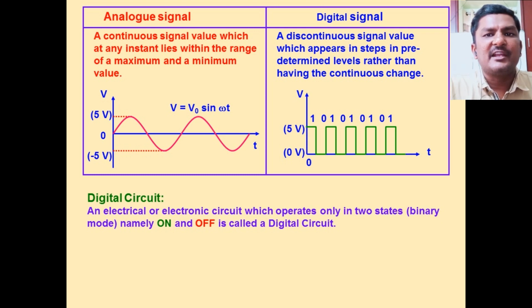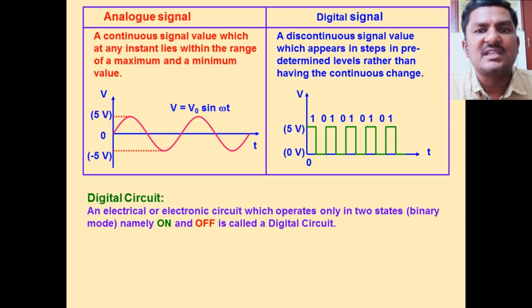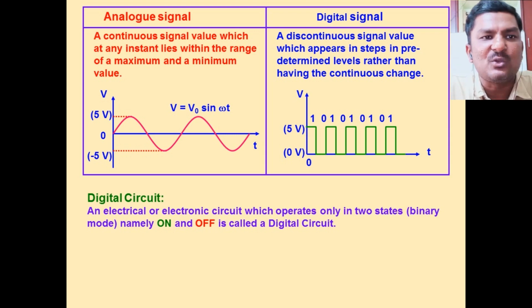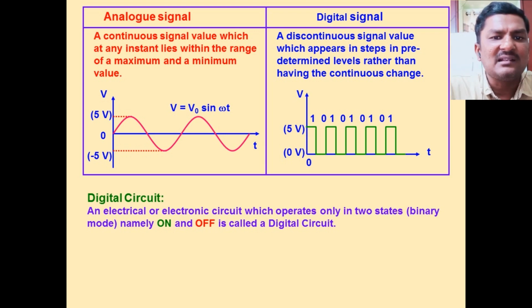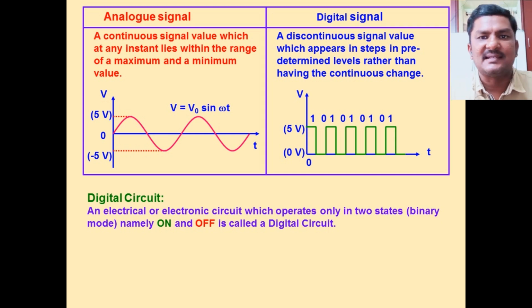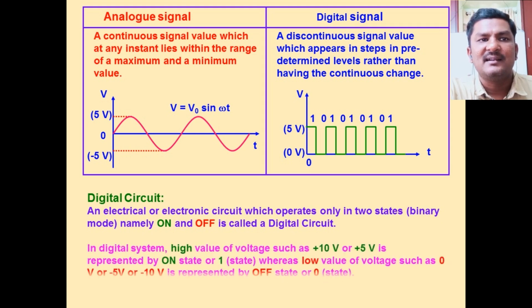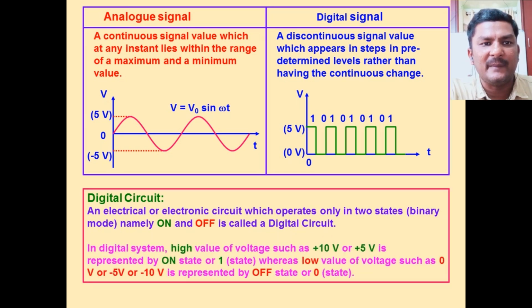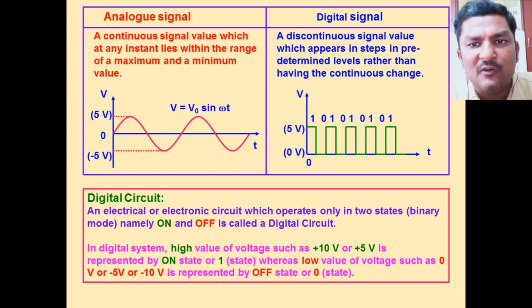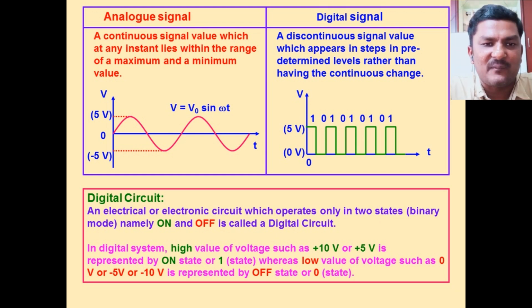An electrical or electronic circuit which operates only in two states, on or off, is called a digital circuit. And in digital system, the high value of potential, plus 10 volt or plus 5 volt, is represented by on state.